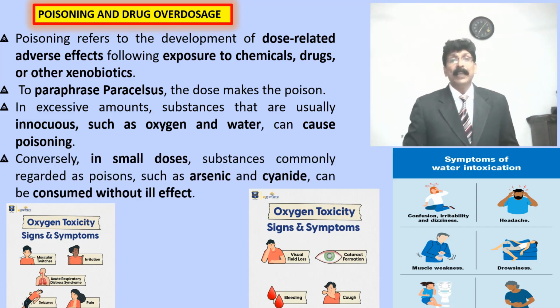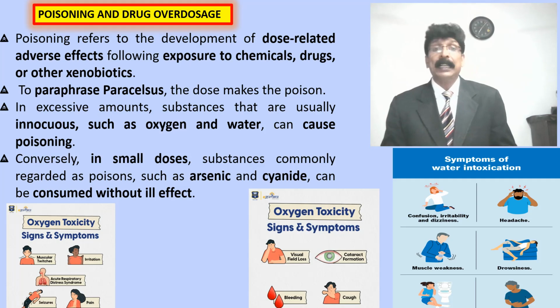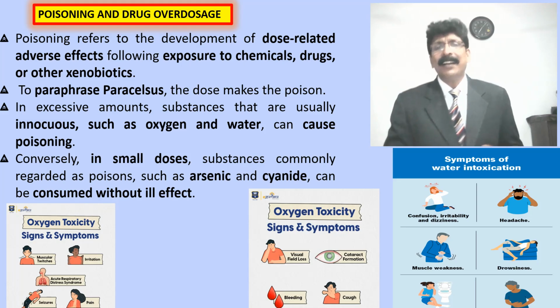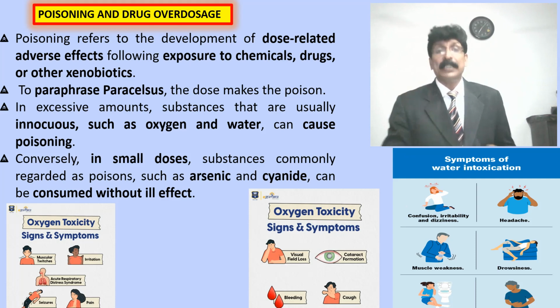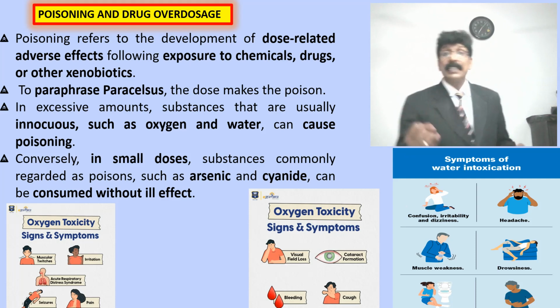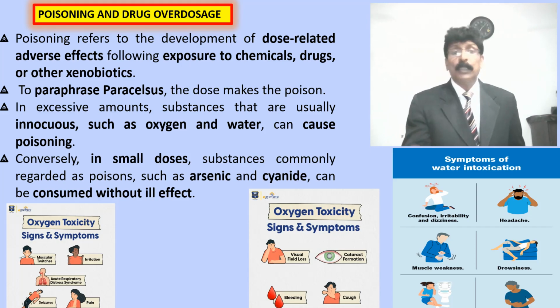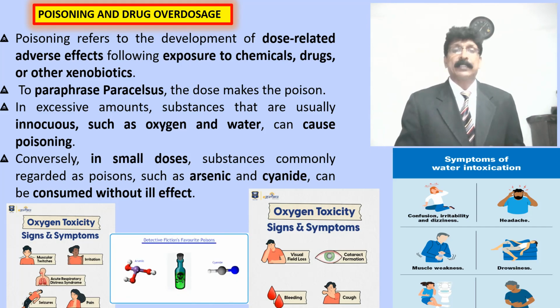Conversely, in small doses, some known poisons like arsenic and cyanide, which are highly poisonous, are not dangerous. In small doses, substances commonly regarded as poisons, such as arsenic and cyanide, can be consumed without ill effect in very micro doses.